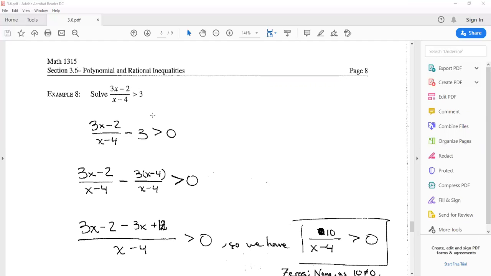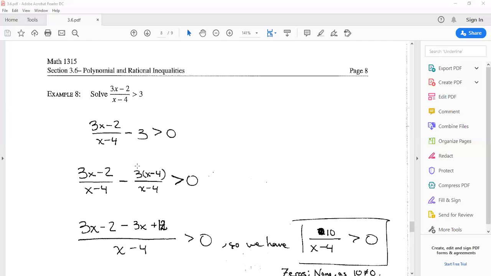Well, now I'd like to get a common denominator because I don't like having to deal with these two separate terms here. So the common denominator should be x minus 4. So I'll multiply 3 by x minus 4 and then divide that out. So I get the same thing here. So that 3 becomes 3 times x minus 4 divided by x minus 4.